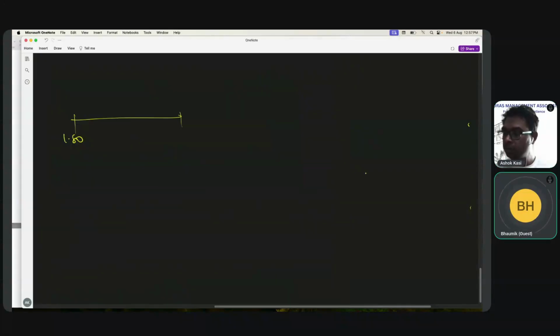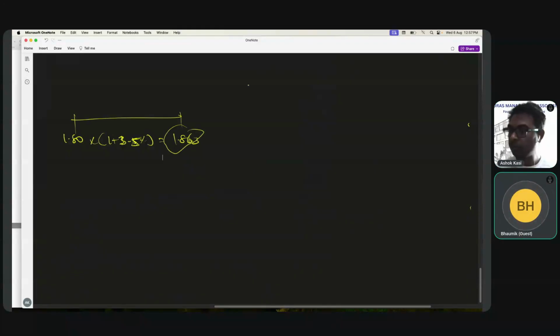So 1 plus 3.5% and then into 1.80 gives 1.863.